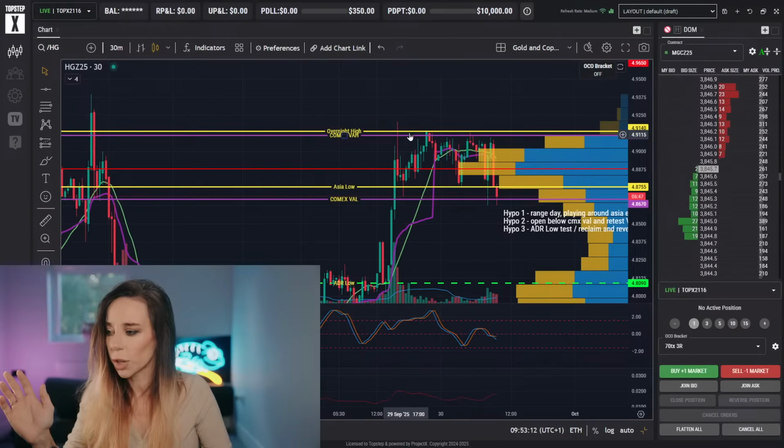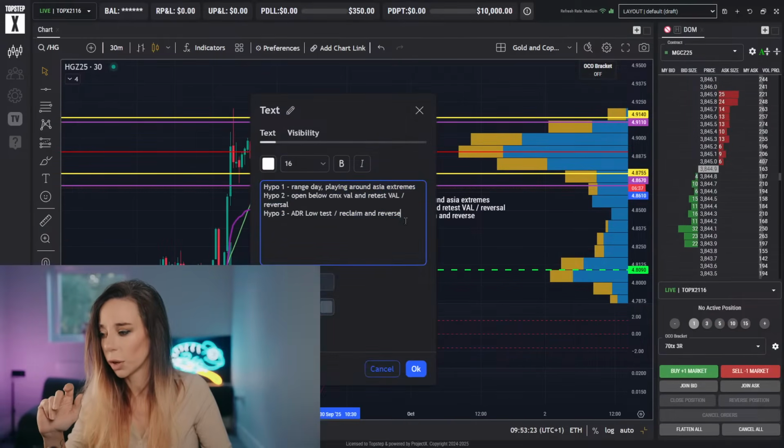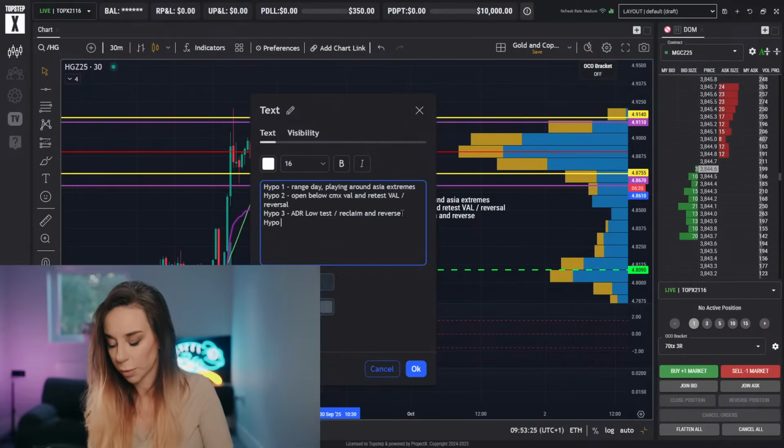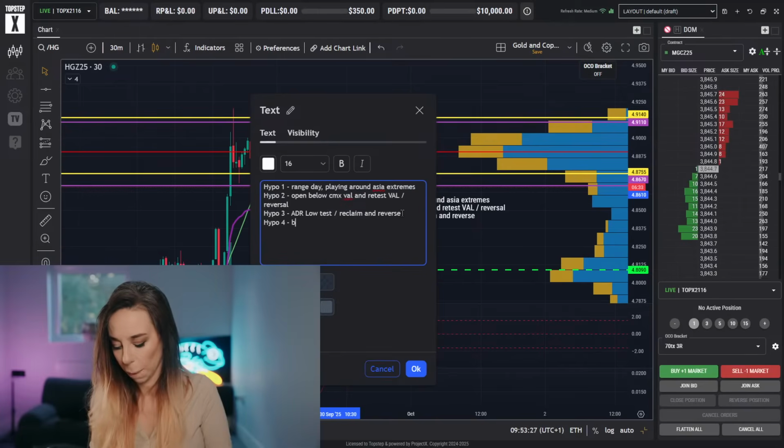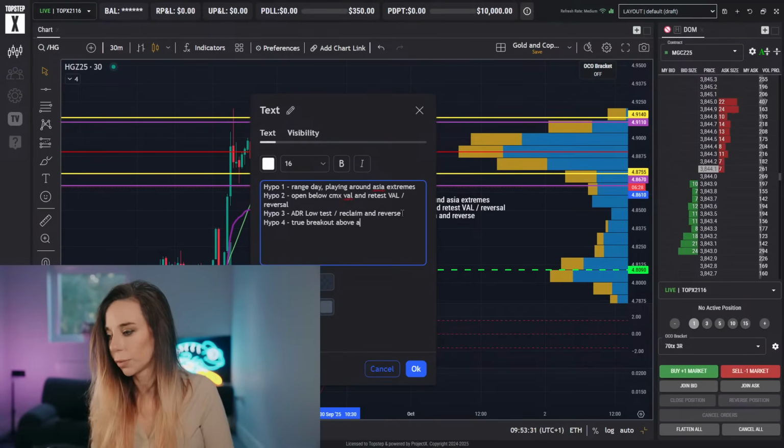But certainly if we start to go above COMEX value high and the overnight high, I might want to pop it along. And that would be my fourth hypothesis on copper. True breakout above Asia high.